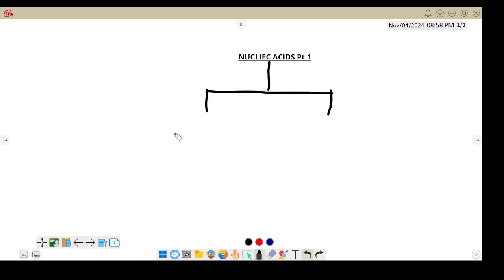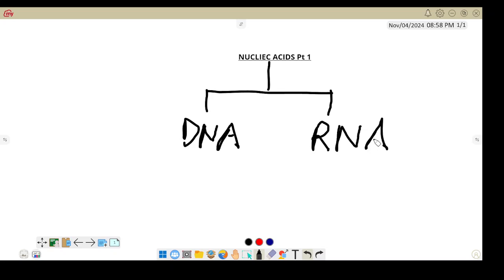The nucleic acids are DNA and RNA. So the information is flowing nicely.